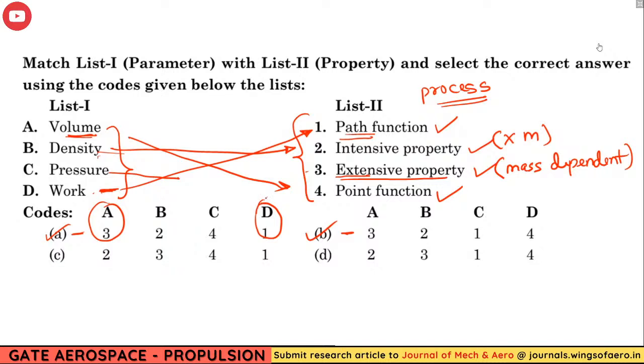Sorry, I have made it wrongly. C, we have the 4. It is a point function. Pressure is also a point function. So we can say A is the right option. Did you get it?